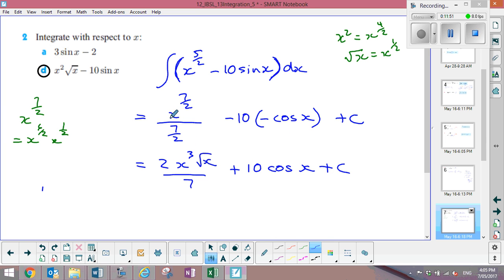Tidy this up, divide by 7 over 2 means multiplied by 2 on 7. And then remember 7 on 2 is the same as 6 on 2 and a half, 1 on 2. So 6 on 2 would become x cubed times root x. So again, if you've got problems with your indices and fractions, take time to go through them, otherwise come and chat to your teacher.